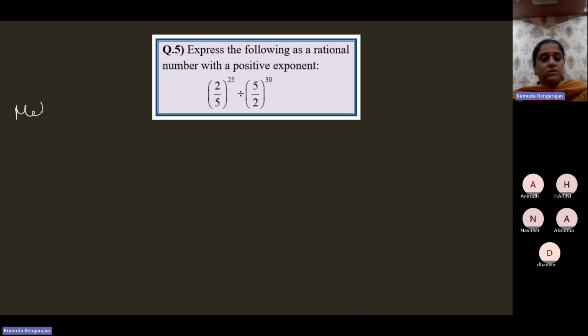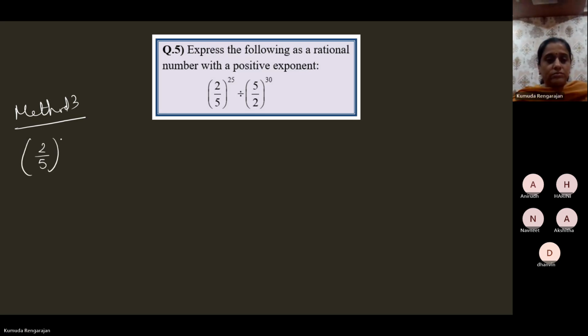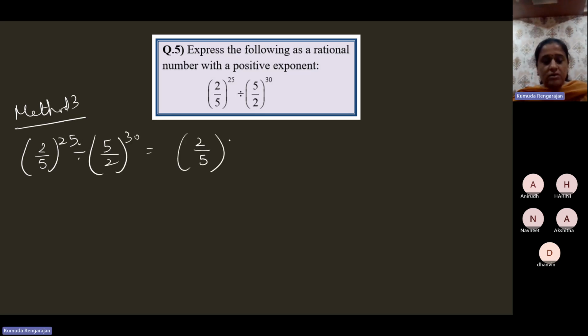Now in method 3, what do we do? Write the first term as it is. And what do you know? In general, when we have division, you can change it to multiplication.